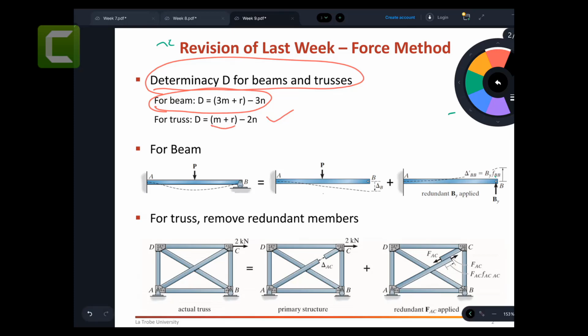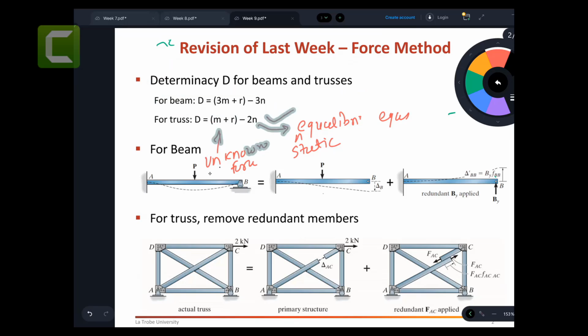So basically this one talks about how many unknown forces you have, and this one how many total static equilibrium equations.